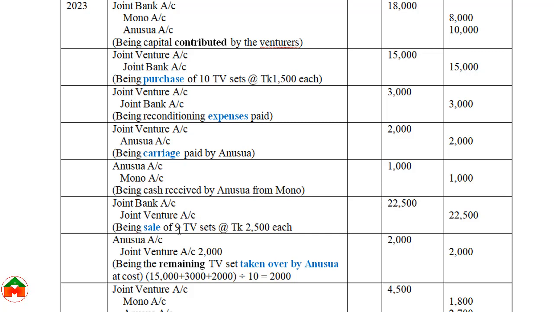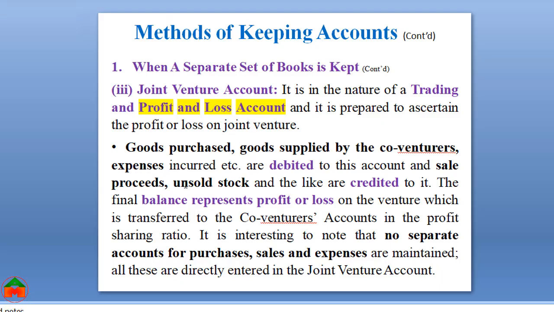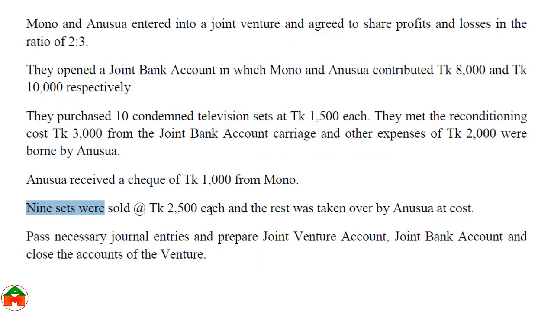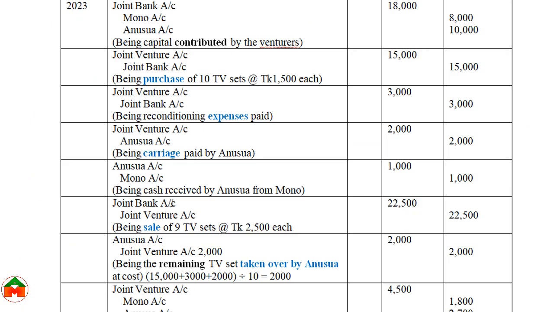There was a sale of 9 televisions at the rate of Taka 2,500, so the total amount would be 22,500. Due to sale proceeds, the bank account would increase, and from the initial discussion we have learned that sale proceeds and unsold stock should be shown on the credit side of the joint venture account. So for this sale, the journal is bank account debit and joint venture account credit 22,500.